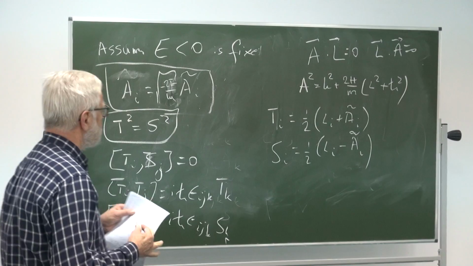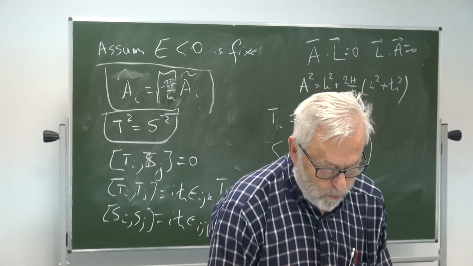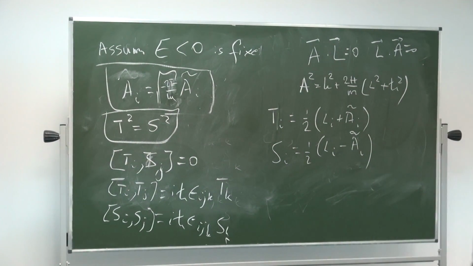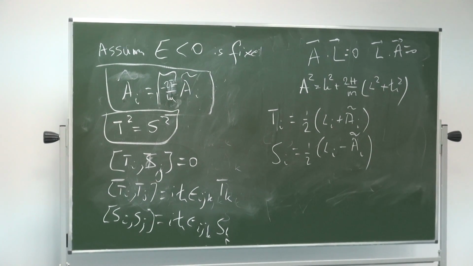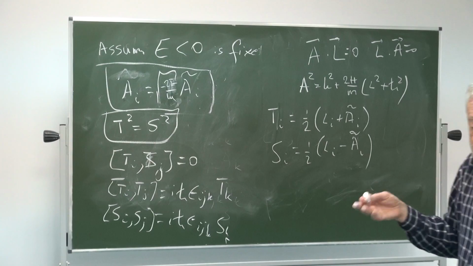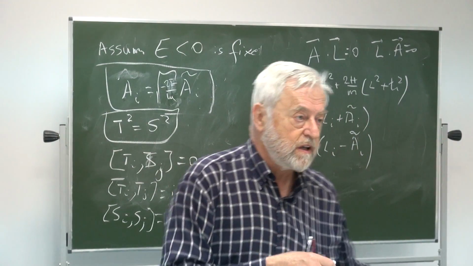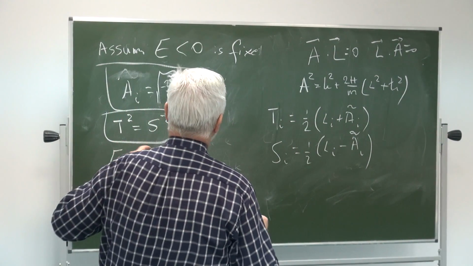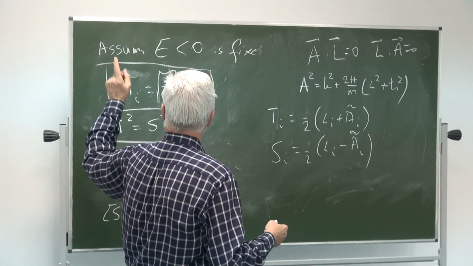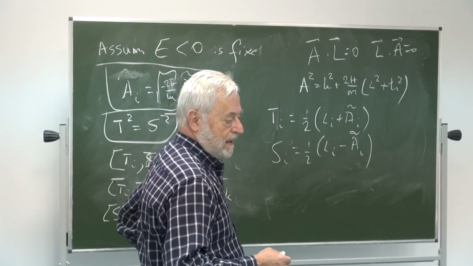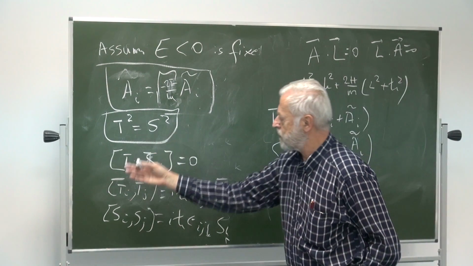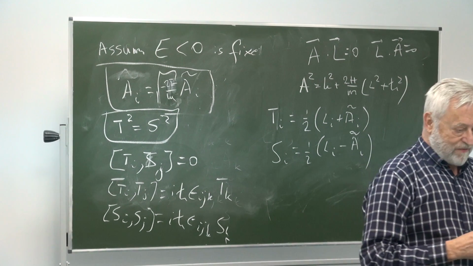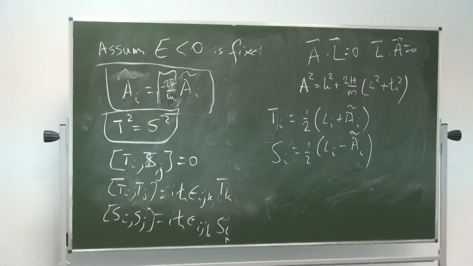So what do we have? We are working, as I was promising, in the subspace of a given energy. So this energy eigenvalue is somewhere swallowed in the relation between A and A with a wiggle. But the resulting set of commutation rules is very intriguing, because what do we have now?